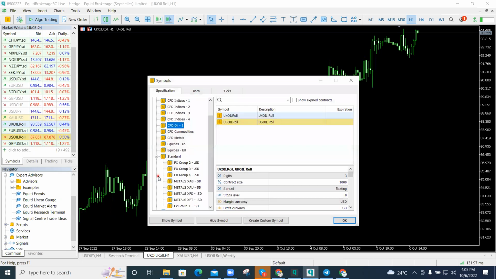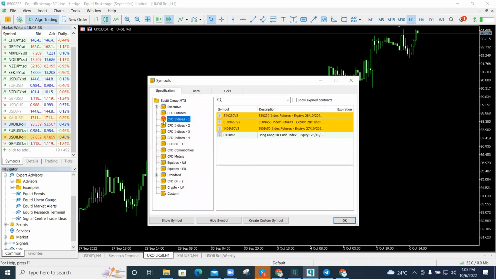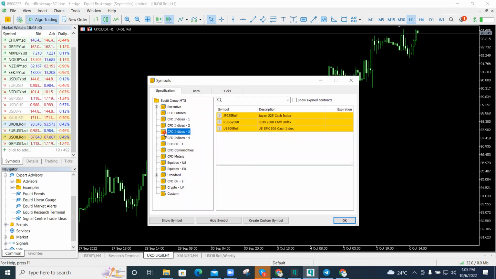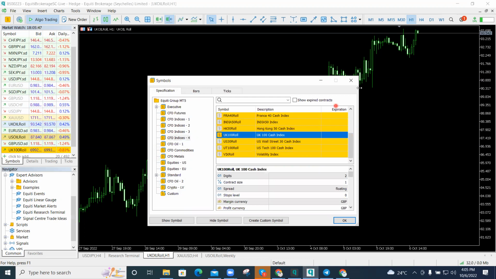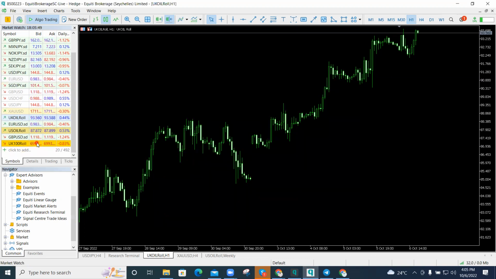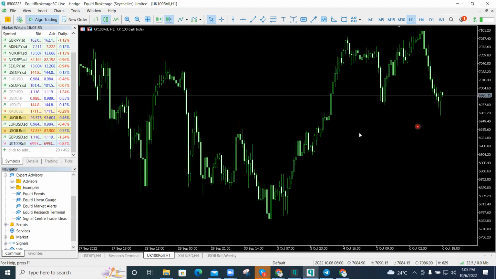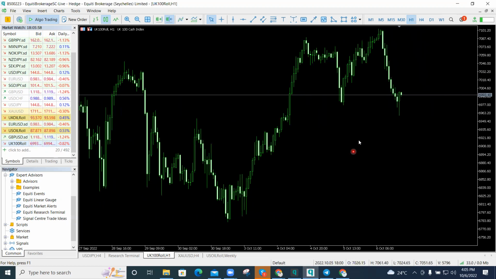Okay, so UK 100 is really an indices. So this is UK 100 added to our market watch. And here we have UK 100. Beautiful.